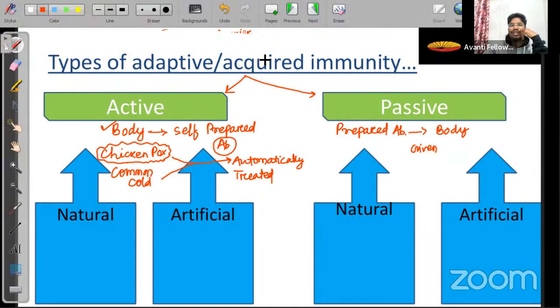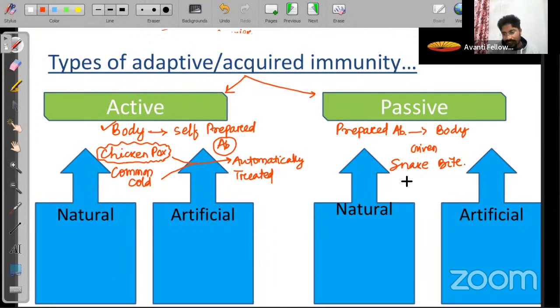Shall I wait for my body to prepare antibody? Will you allow me to wait for my body to prepare antibody? No, we cannot wait for our body to prepare antibody against snake bite or snake venom.